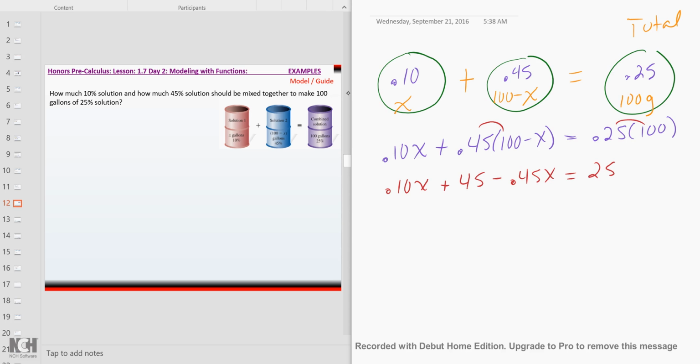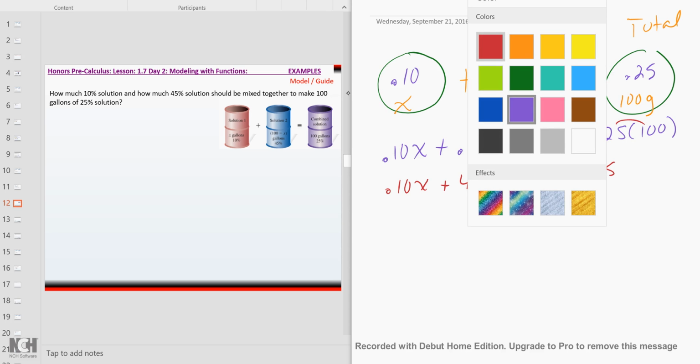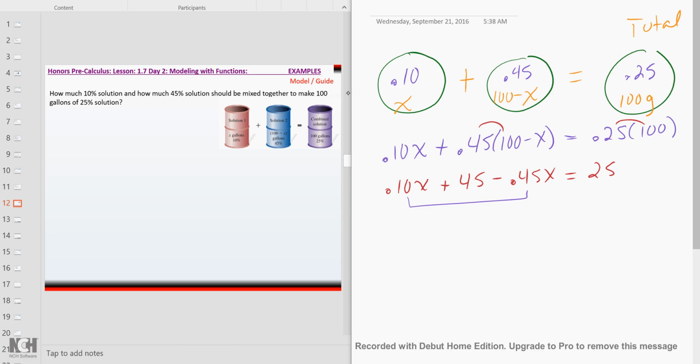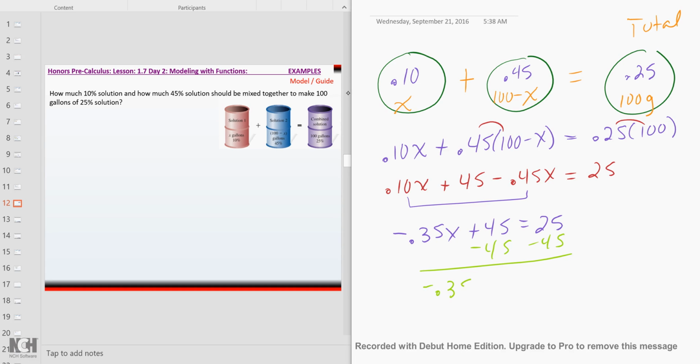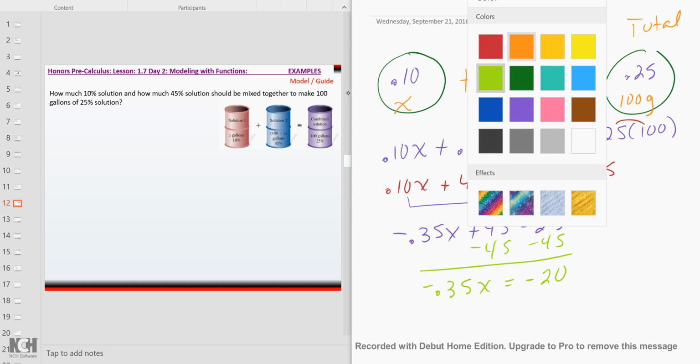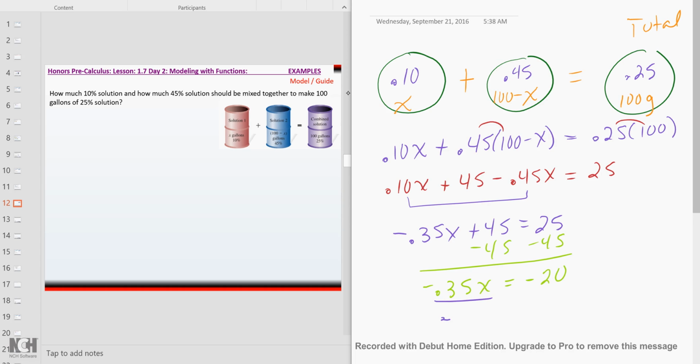Okay, we're going to combine like terms, and I have 0.10 minus 0.45 is a negative 0.35x plus 45 equals 25. I'm going to subtract 45 from both sides. I get negative 0.35x equals negative 20. And then to get x alone, I'm going to divide by negative 0.35.